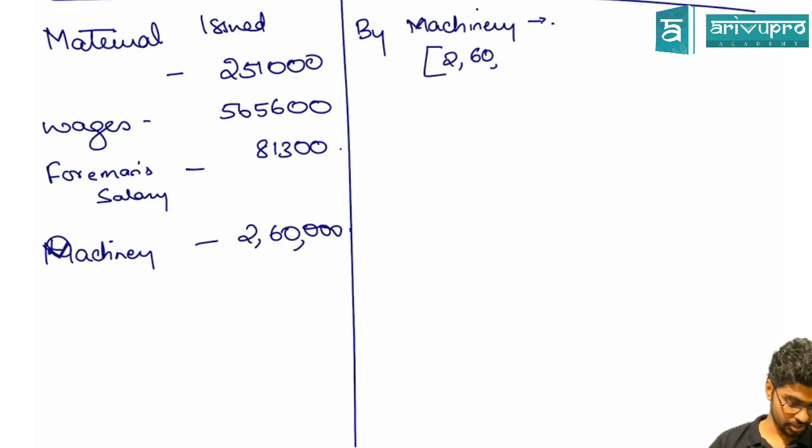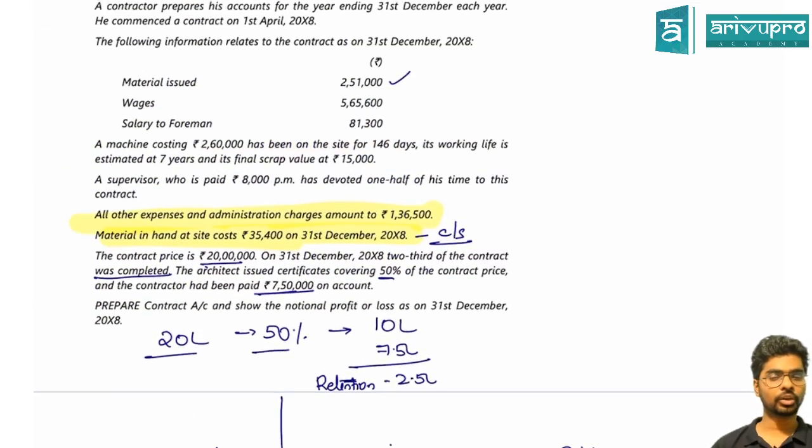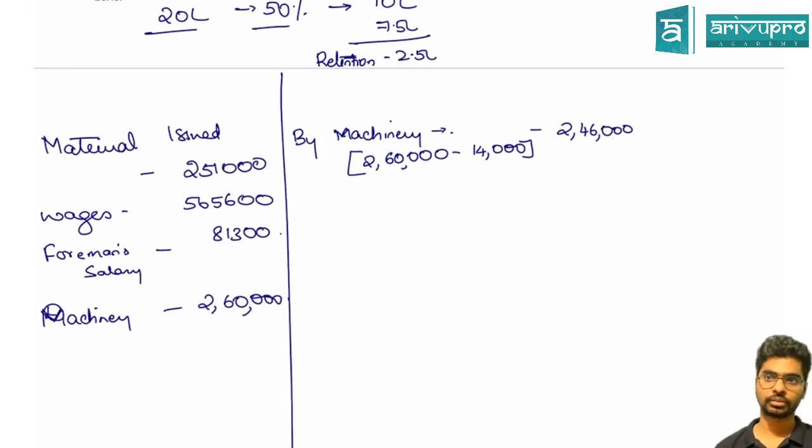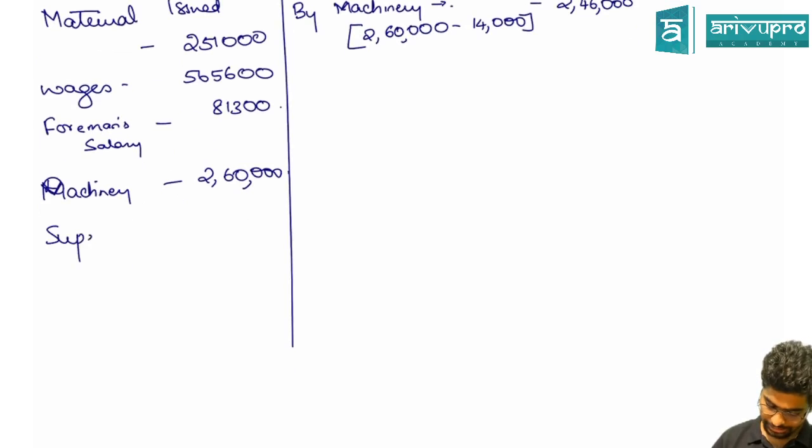What was the depreciation amount? 2,60,000 minus, correct. Then what else is there? Supervisor's salary, which is 36,000.